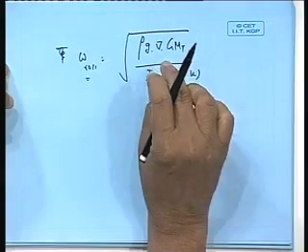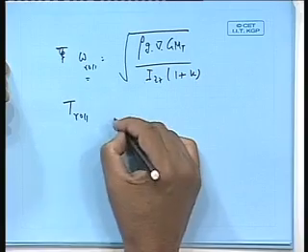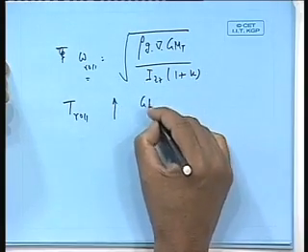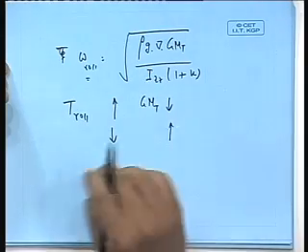You see, if GMT is increased, roll frequency is increased, period is decreased. So you see period T roll increases as GMT decreases, and it decreases as this increases.